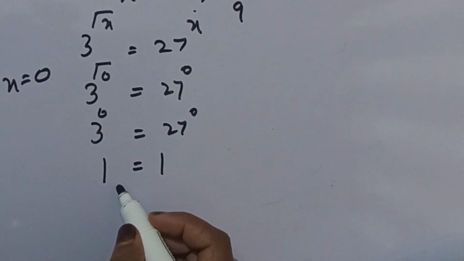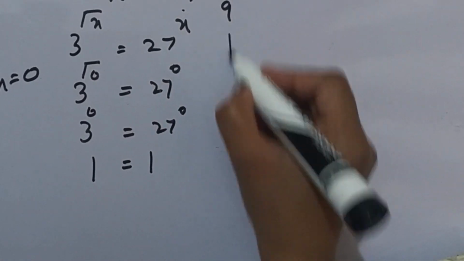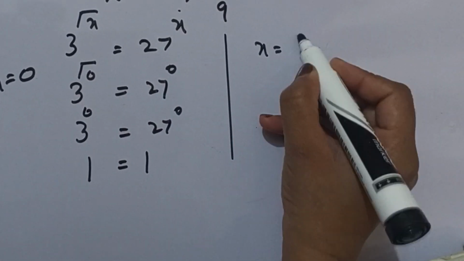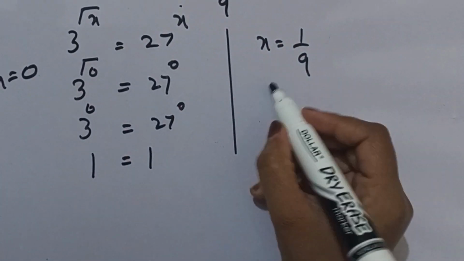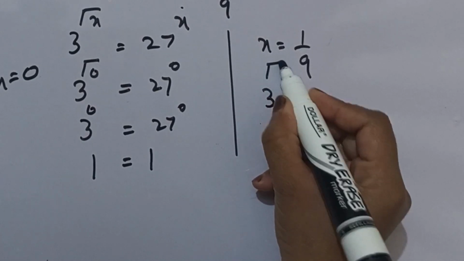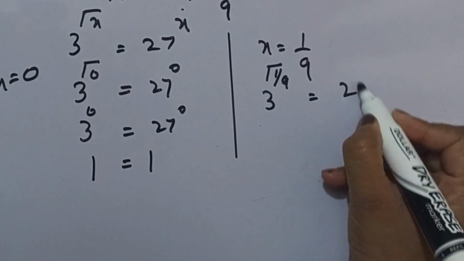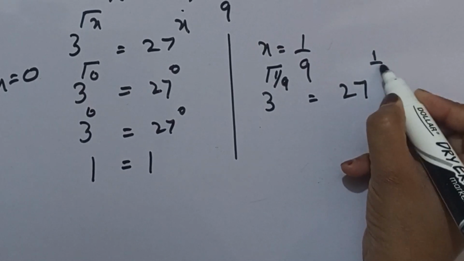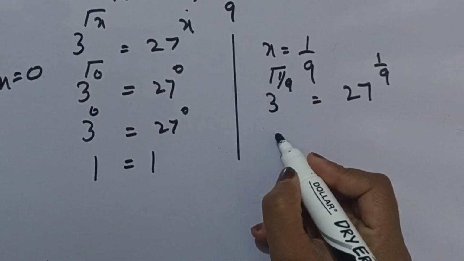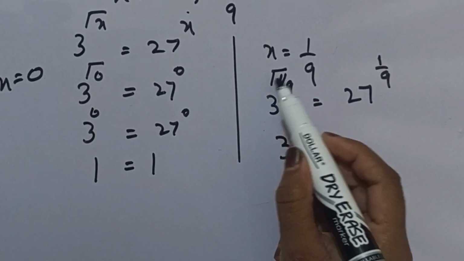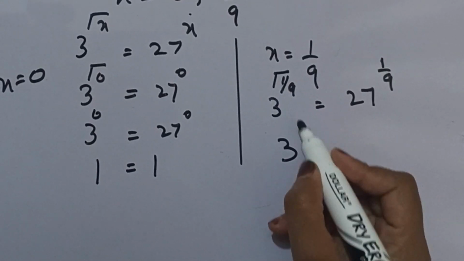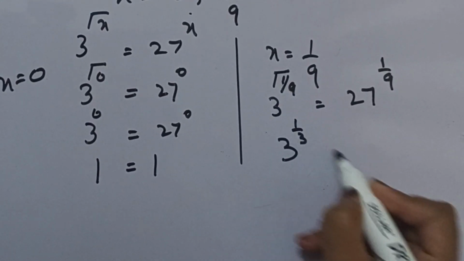Now we verify for x is equal to 1 over 9. So this is 3 raised to the power square root 1 over 9 is equal to 27 raised to the power 1 over 9. And this is 3 raised to the power square root 1 over 9 is equal to 1 over 3.